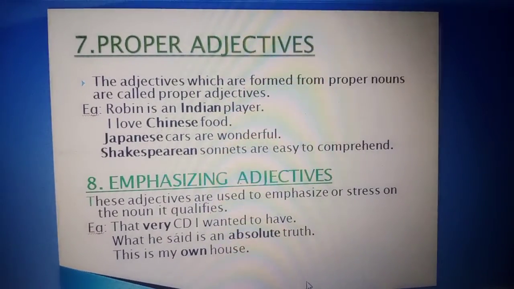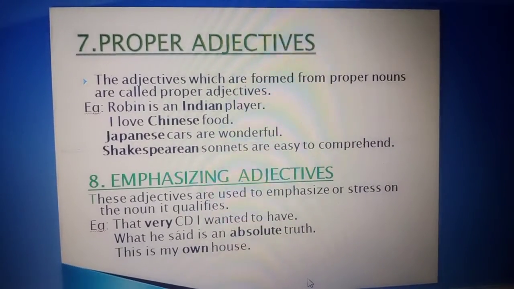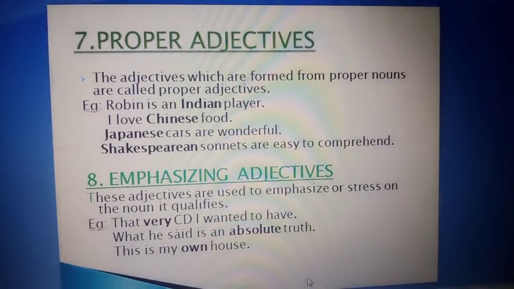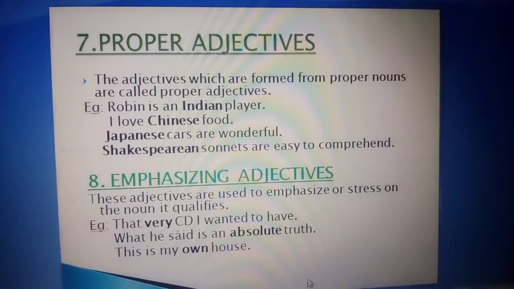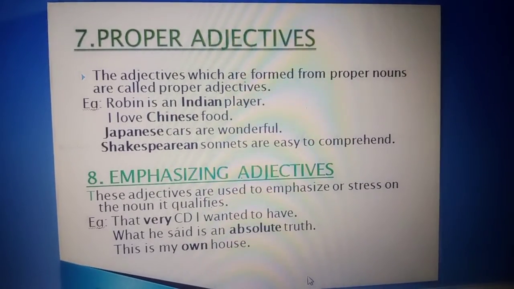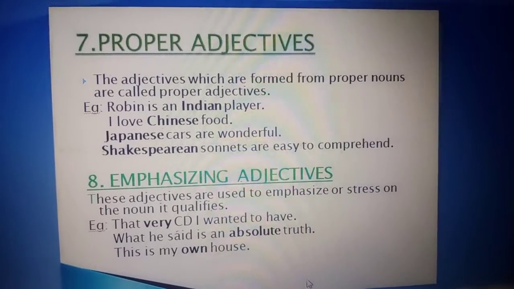Sonnets means 14-line poem. They are easy to comprehend. So words Indian, Chinese, Japanese, Shakespearean, they all are the examples of proper adjectives as they all are formed from proper nouns like India, China, Japan, Shakespeare respectively.